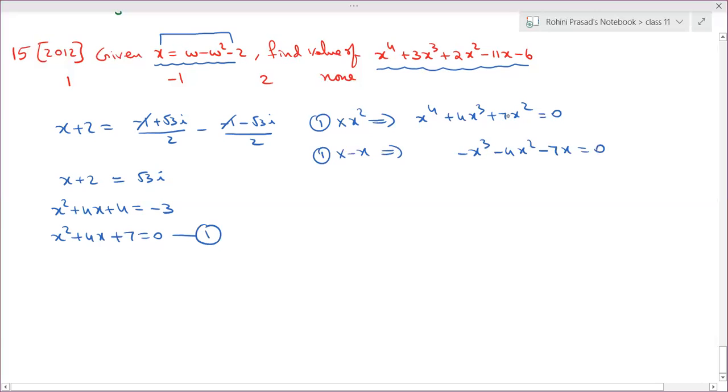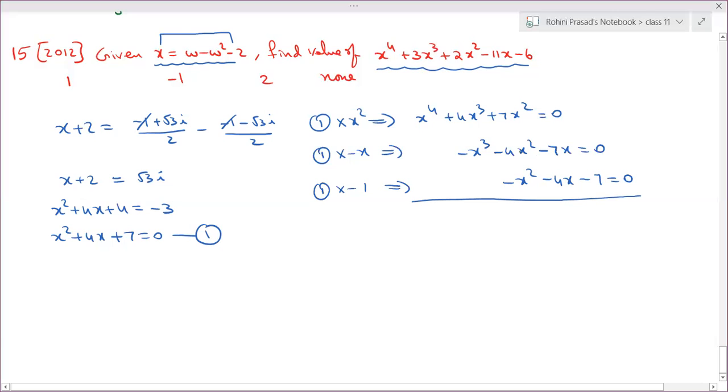Now if you observe the x square term, we have 3x square by adding these two, but we need 2x square. So one excess x square is there, we need minus x square. So multiply this with minus 1. So this is minus x square minus 4x minus 7 equal to 0.